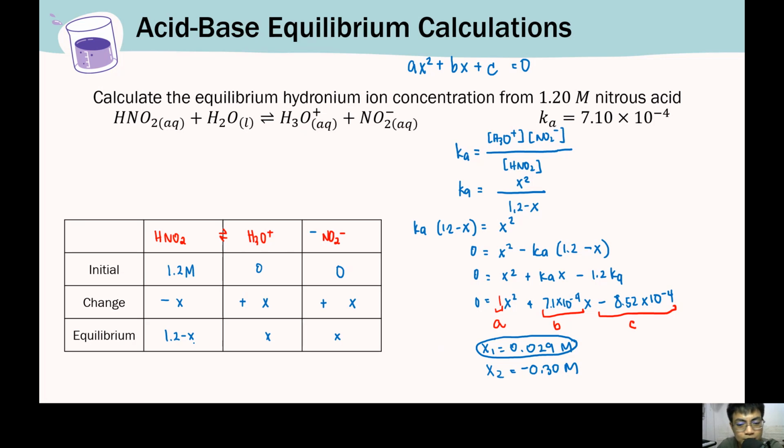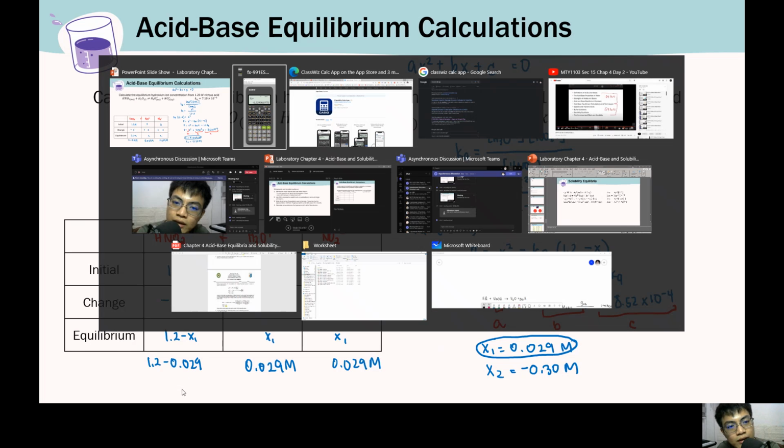Okay, so we can just simply plug in everything. So that will be x. Okay, so meaning the concentration of H3O+ will be 0.029 molar. For NO2 minus, that will be 0.029 molar as well. And then for the HNO2, that will be 1.2 minus 0.029, which is ilan?